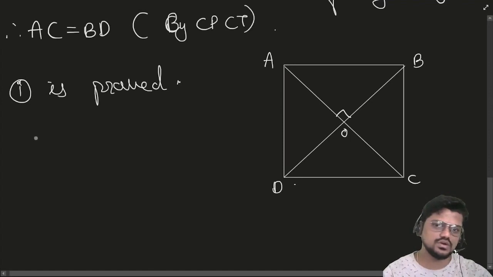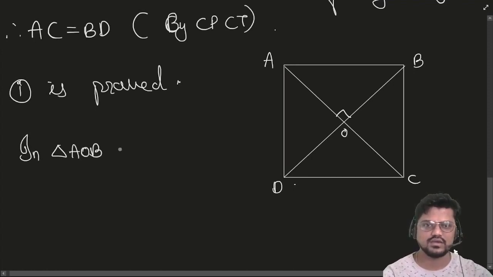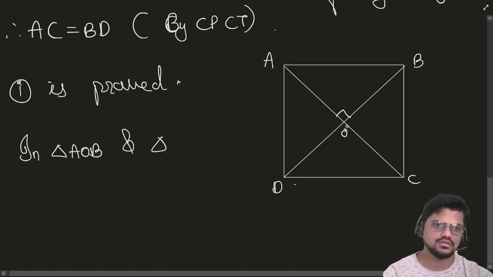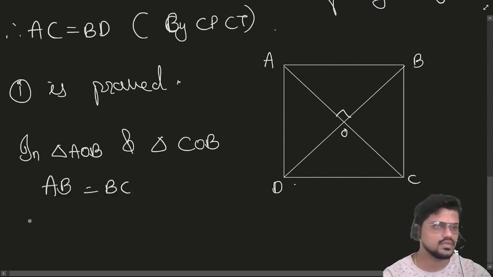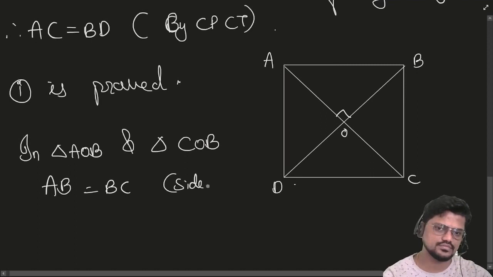See, what we will do: in triangle AOB and triangle COB, what do we know about these two triangles? AB equals BC, sides of a square, they are equal.